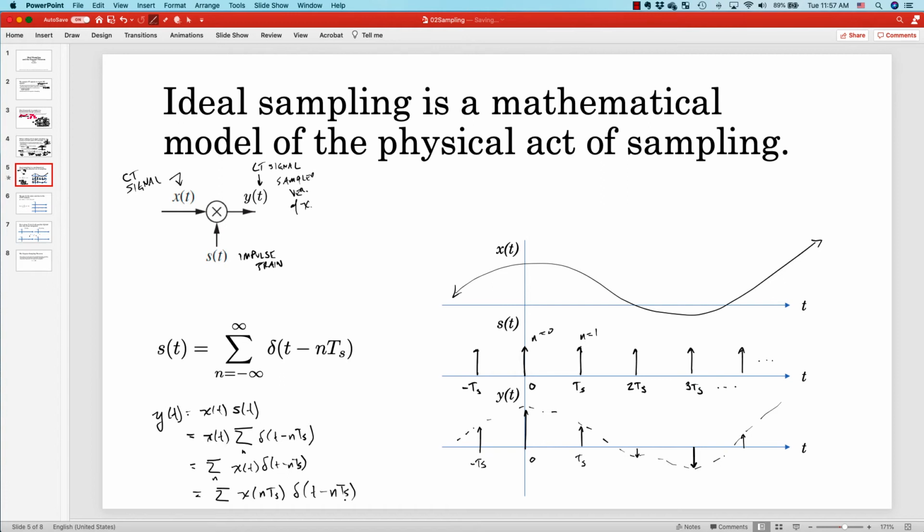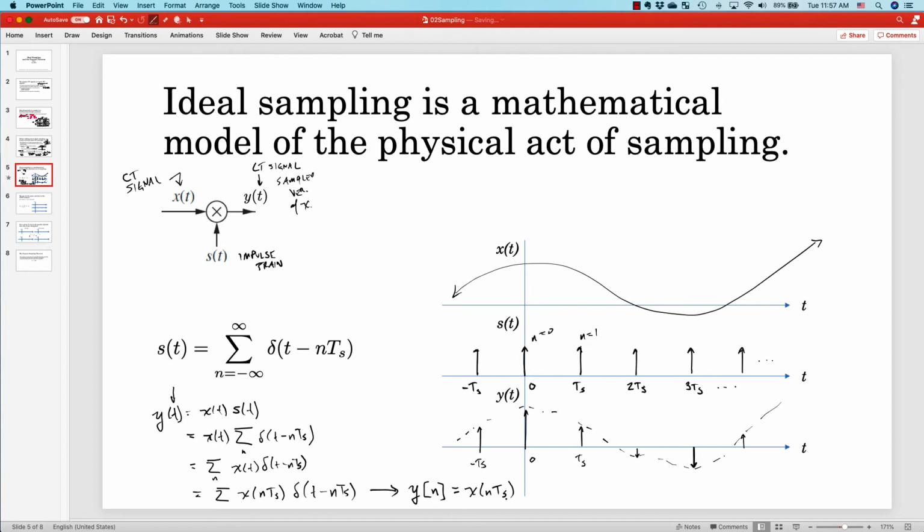And I do want to highlight that this is still a continuous time signal, right? It's still a function of little t. But the only information contained in this signal are the function values of x at these intervals nt_s. So this is how we think of the discrete time signal y of n as being the sampled version of the continuous time signal x of t.